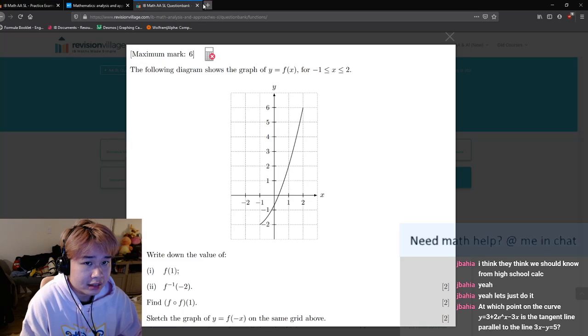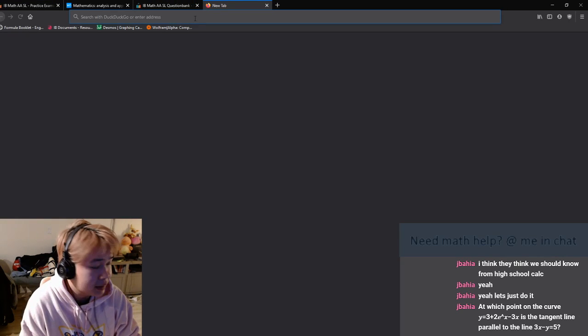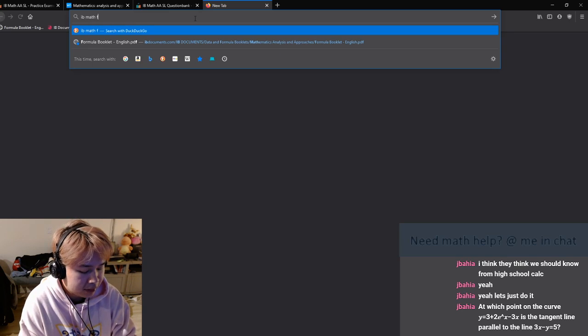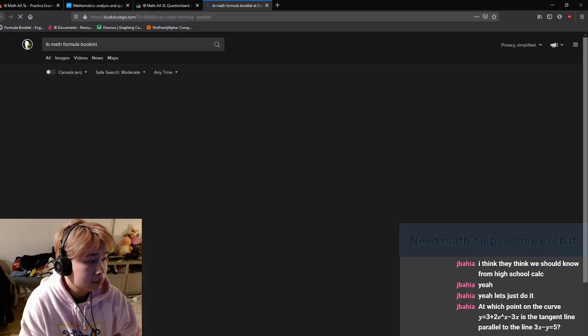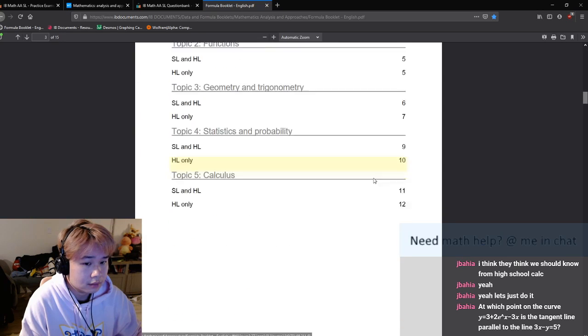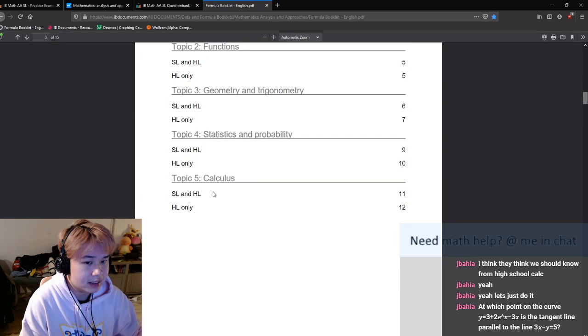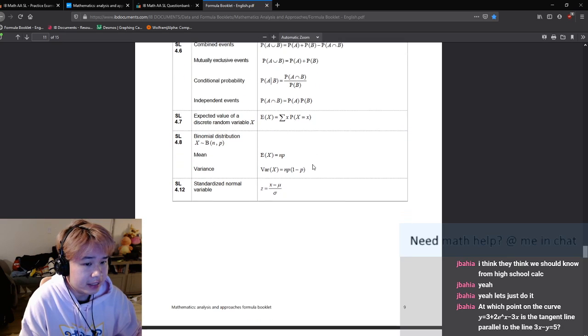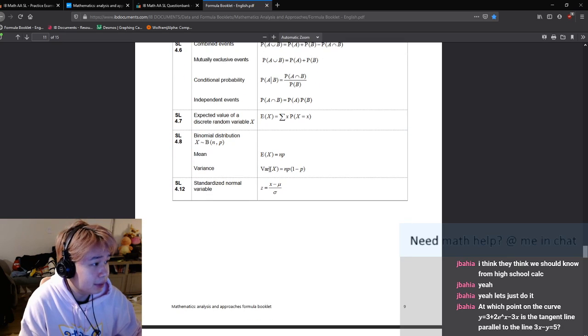And then I don't have a formula book pulled up, so let me pull that up. IB Math Formula Booklet. And then let's go to the statistics section. And then right here, we have a formula for variance.